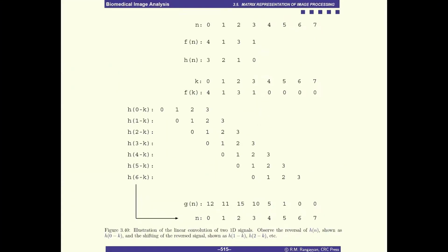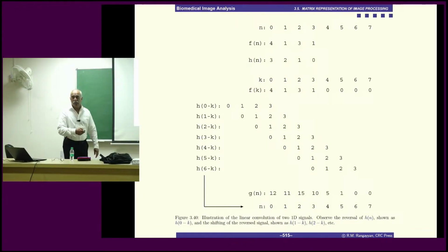So these are the indices: n for the input, f[n], h[n]. This is what we defined as an example. k is for the convolution index, k going 0, 1, 2 up to whenever you want. Let's go up to 7. f[k] is the same as f[n], 4, 1, 3, 1, and a bunch of zeros at the end.